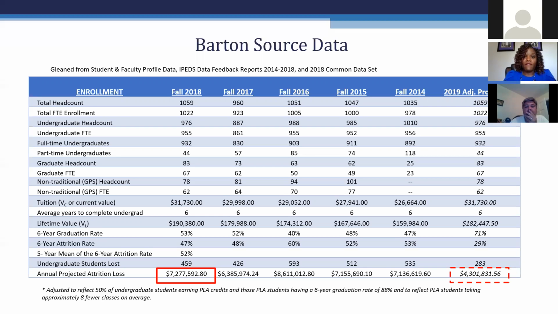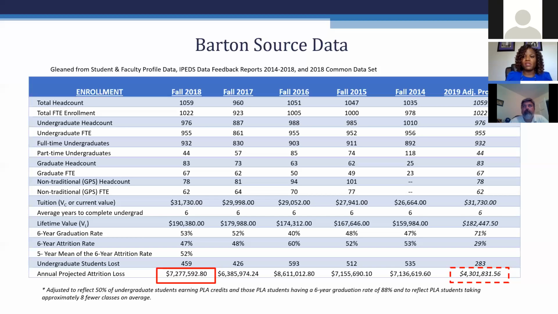Whereas, and I had some estimates in here, if PLA were implemented at Barton, and if only half of students earned PLA credit at just the average rate, 18 credits of PLA credit, that increased retention, because PLA students graduate at a rate of 88%, would raise the average graduation rate for the university to 71%.